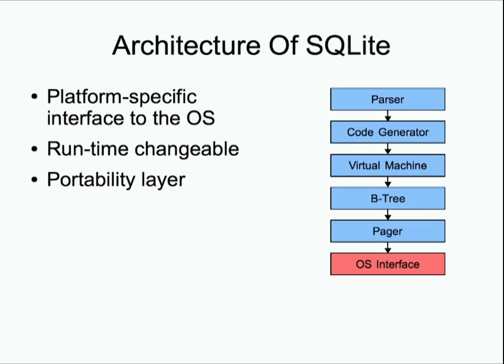Got a question? All right, so the question is, backing up, I said that the pager made sure nobody else was changing the page while you were reading it. Previously I said, which is correct, that SQLite supports simultaneously one writer and multiple readers.